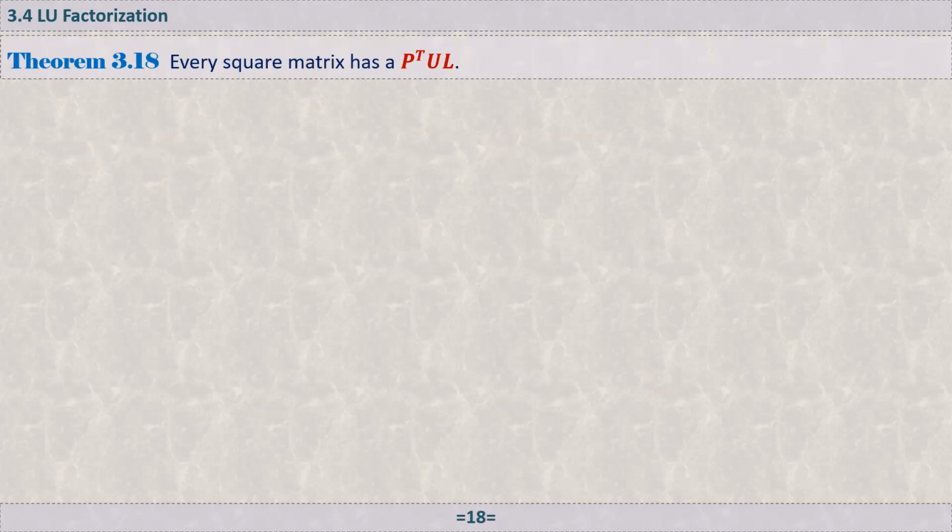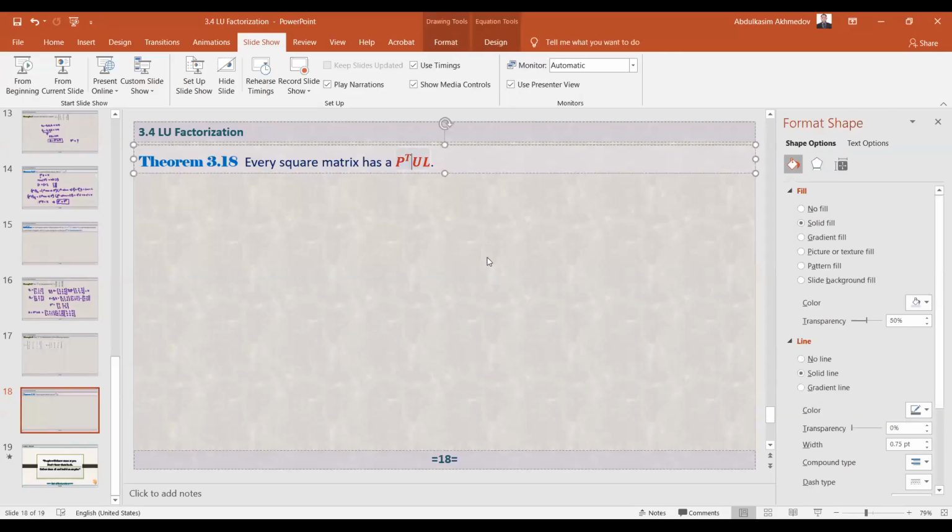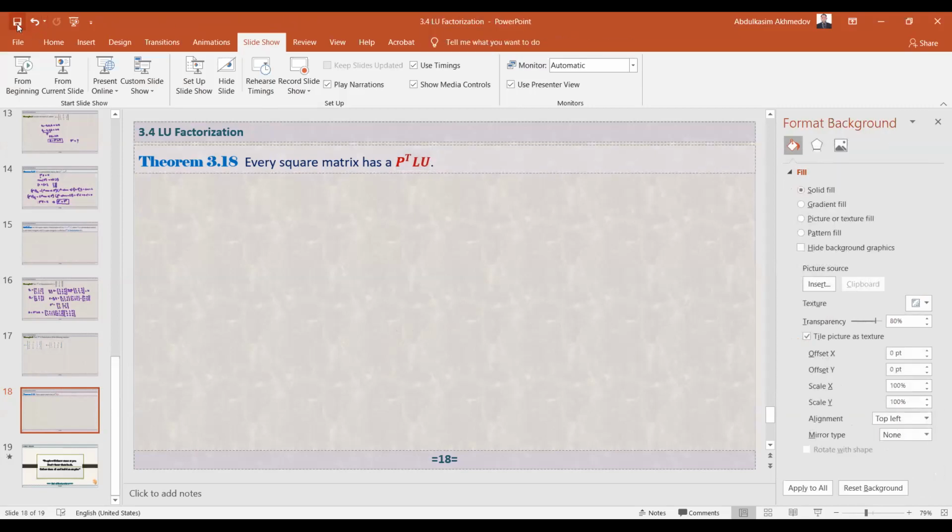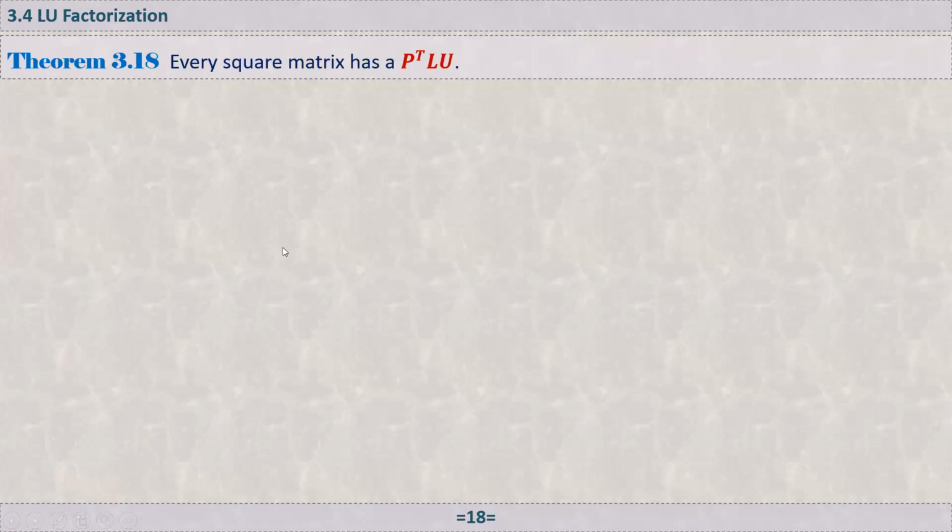And here I will finish the class with this theorem. And it says that every square matrix has a PTLU factorization. Every square matrix has a PTLU factorization, right?